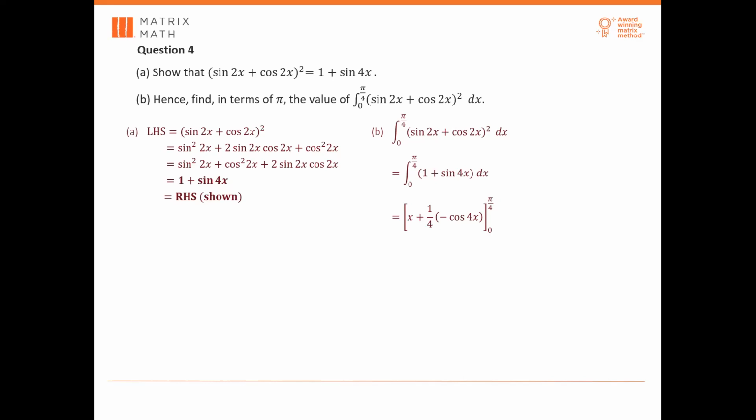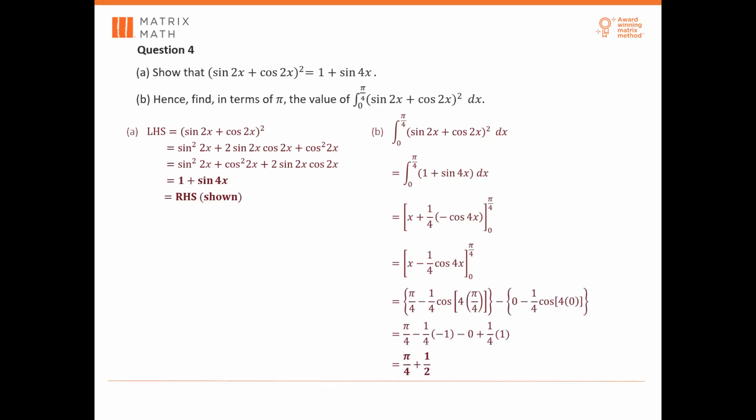Now take the coefficient of 4x, which is 4, and write its reciprocal like this. Then go and find out what happens when x equals to pi over 4. Get the value. Go and find out what happens when x equals to 0. Find that value and subtract it. Okay? So you get pi over 4 plus half.